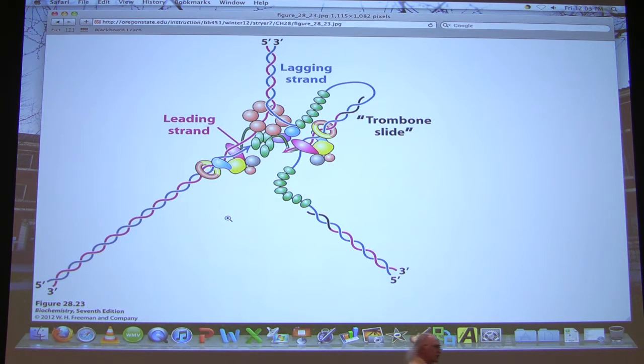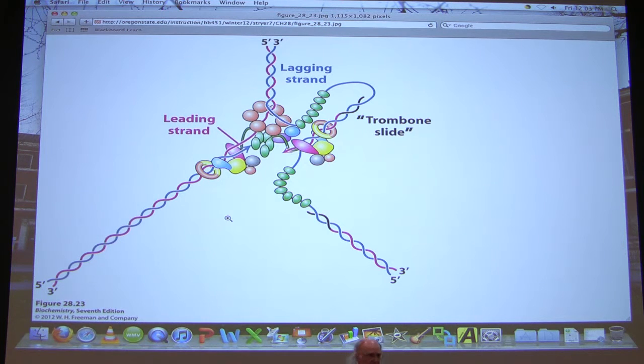If you look at the videos that I posted links for online, I think you'll see this trombone model shown reasonably well. Again, they're not perfectly accurate because at least one of them shows two different polymerases, and that's not exactly the right model, but you get the idea. That reminds me, somebody sent me an email after class last time saying that someone told them, I think in a micro class, and I've heard this before too, that leading strand synthesis was Pol III and lagging strand synthesis was Pol I. That's not correct.